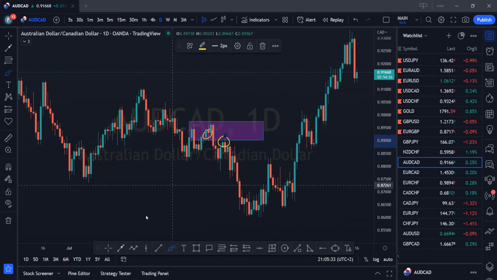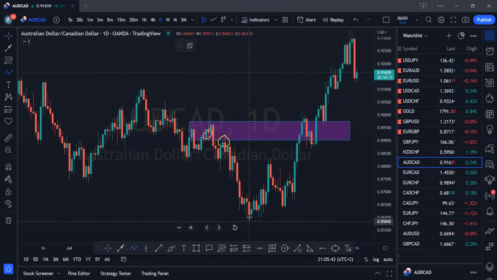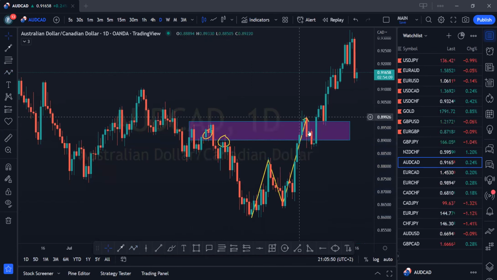So if you understand trend, you will see that price is in an uptrend already here. So you will know that this resistance zone is not valid for this place. You're not looking to sell because price is in an uptrend. You're looking to buy.